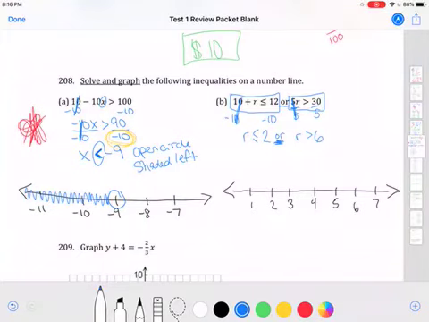So starting with r is less than or equal to 2. That or equal to tells me that it is part of the solution, aka it is part of the shading, so it's going to be a closed circle. Whereas the r is greater than 6 does not have the or equal to, so it is going to be an open circle. Only a closed circle when you have the or equal to.